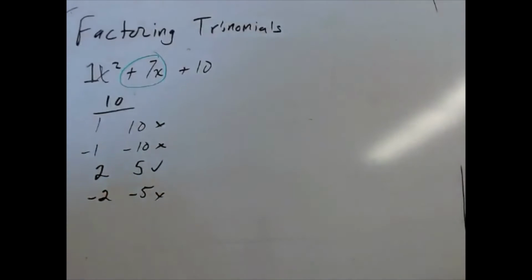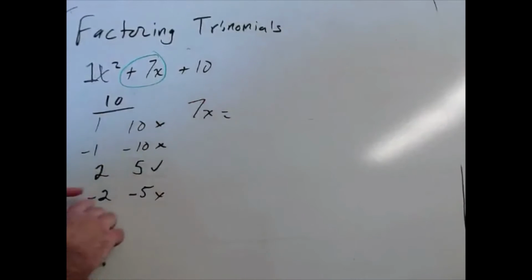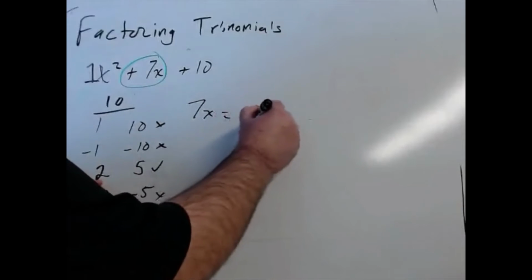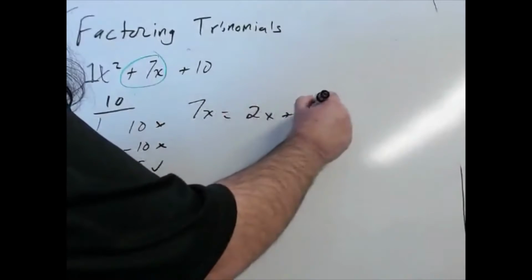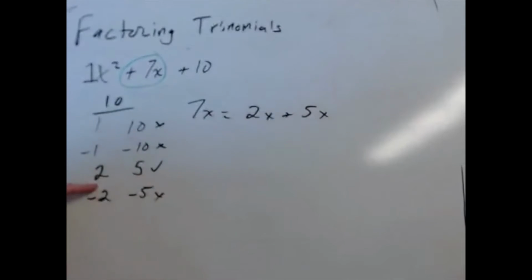So now, what I'm going to do is take this middle term, the 7x, and split it into two pieces. So instead of writing it as 7x, I'm actually going to write it as 2x plus 5x, which is a sum of these two numbers that I just found here. Okay?